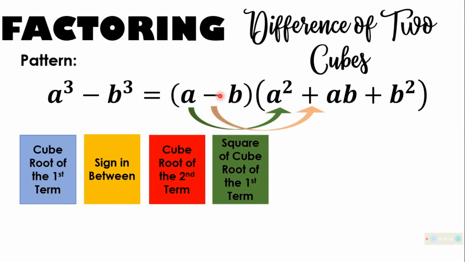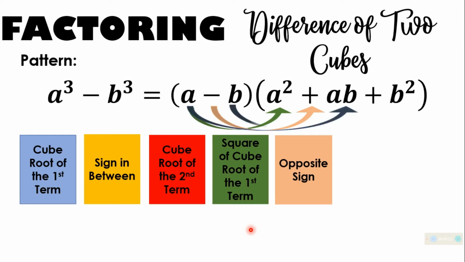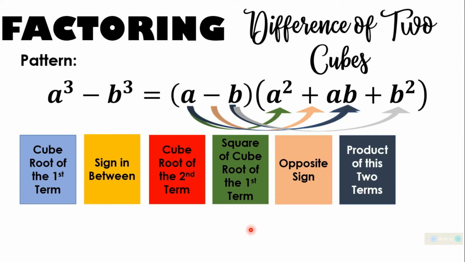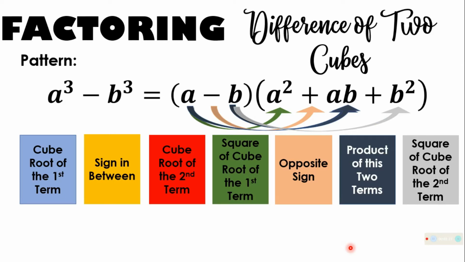So, kung kanina plus, tapos naging minus, ngayon naman, minus na magiging plus. So, opposite sign. And then, product of the cube roots. And then, yung last term, lagi po yung positive. And then, get the square of the cube root of the second term. So, ito naman yung pattern ng ating difference of two cube.